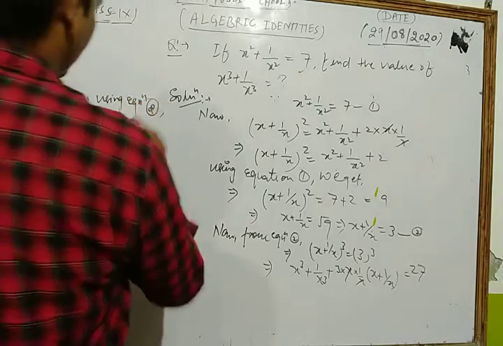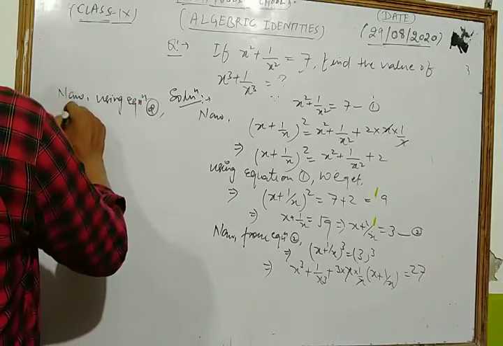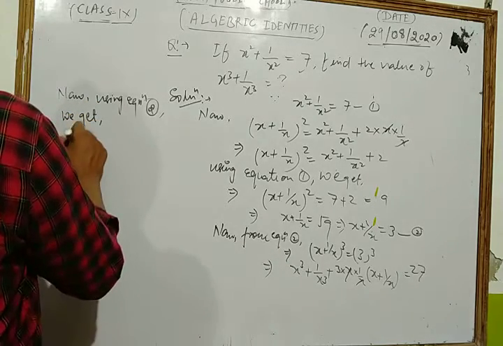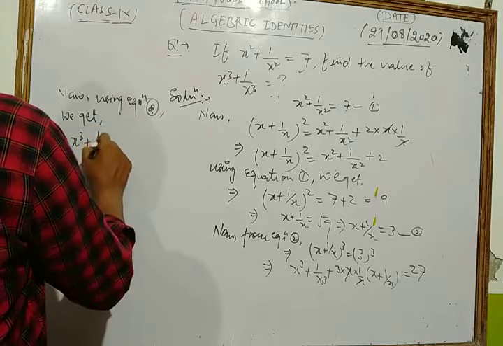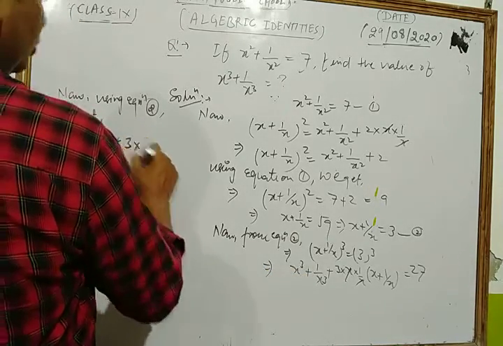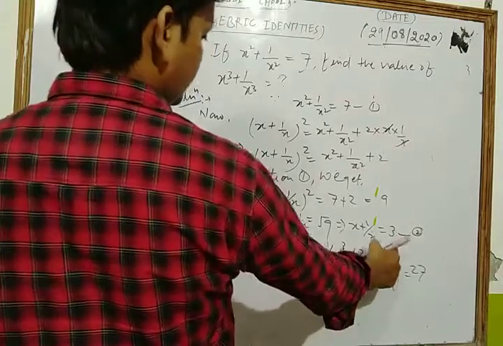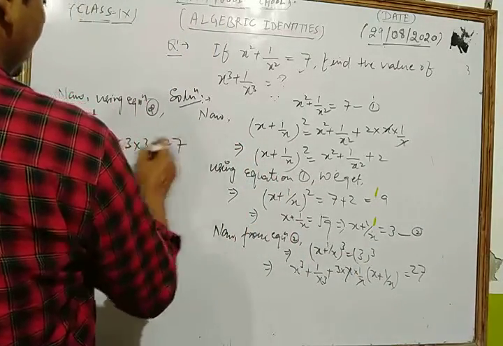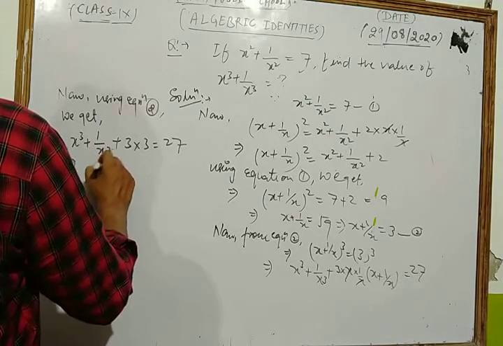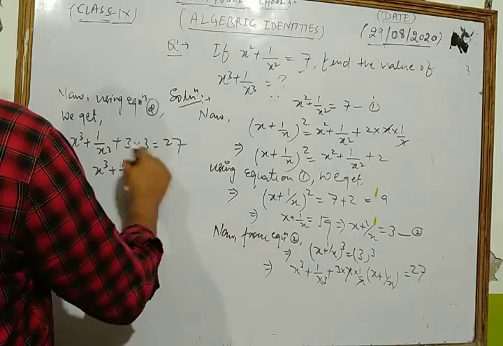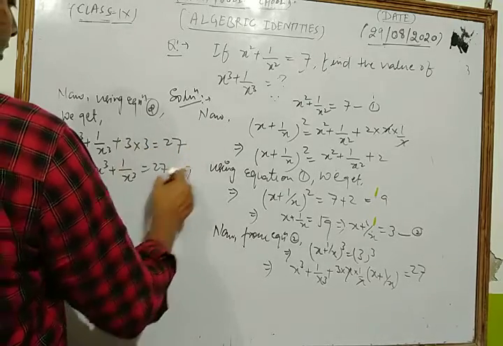Using equation 2 we get x cube plus 1 upon x cube plus 3 into, the value of x plus 1 upon x is what? 3, so here we put 3, and it is equal to 27. Now we have x cube plus 1 upon x cube plus 9 is equal to 27. 3 3s are 9, transfer that side, so minus 9.